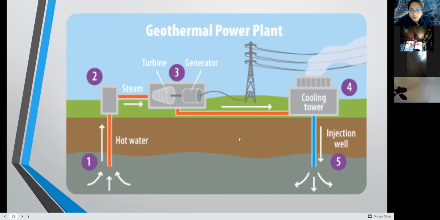From the generator, it should travel to a transformer to convert these thousands of watts into 220 to 230 volts, which is our natural consumption at home. And of course, once the water cools down, it will be in the cooling tower and injected back to the mainstream. So the cycle repeats again and again.